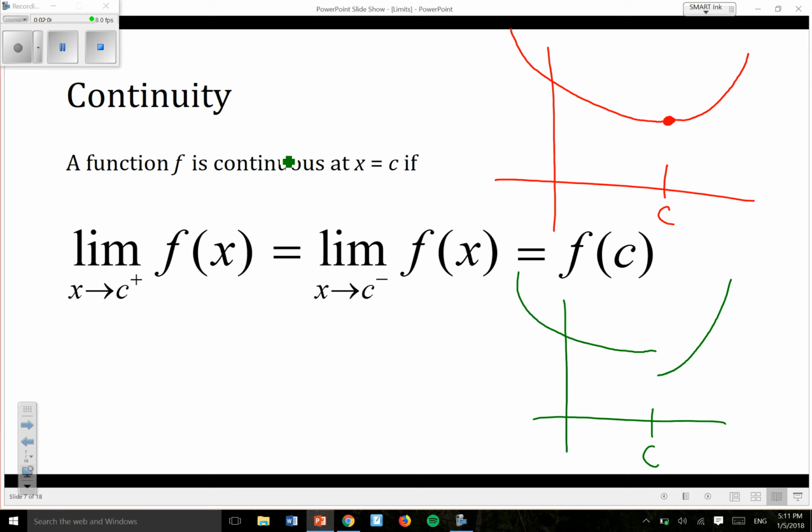If those two limits from either side aren't approaching the same value, there's no way that your function is going to be continuous. Similarly, even if your function as you approach c from the right is equal to your function as you approach c from the left, so say they're going to the same value, if that function value isn't at c, then you're not going to be continuous.